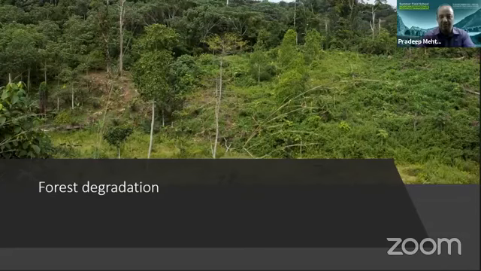Forest degradation is not only about the forest cover, but also about the quality of the forest that we have. Just having a forest cover is not enough, because forests give us so many different ecosystem services.